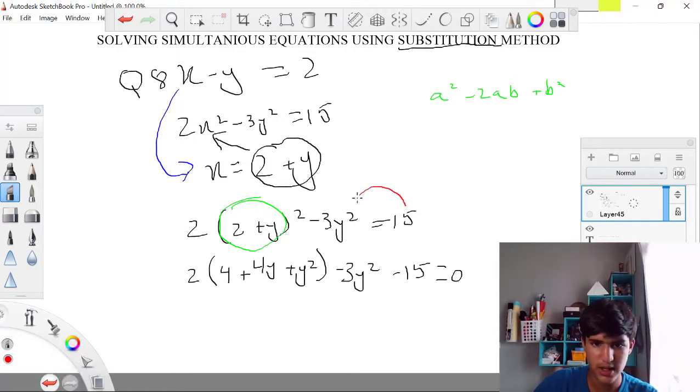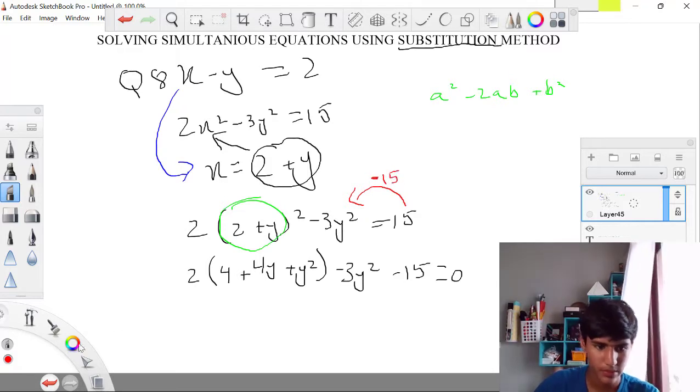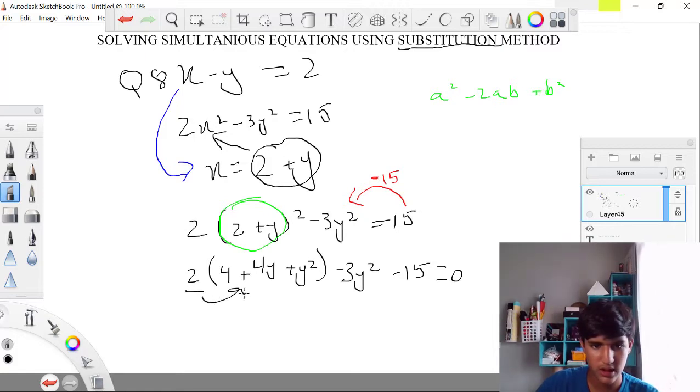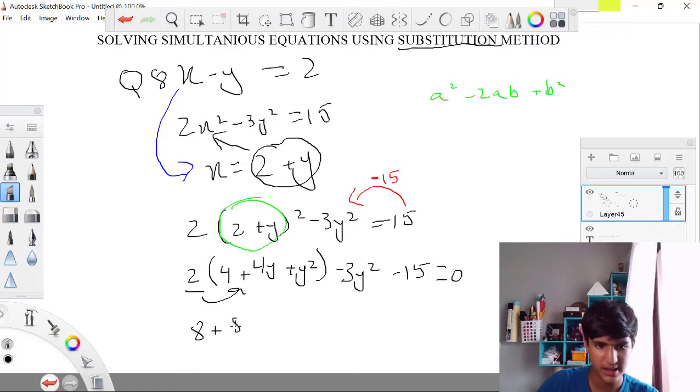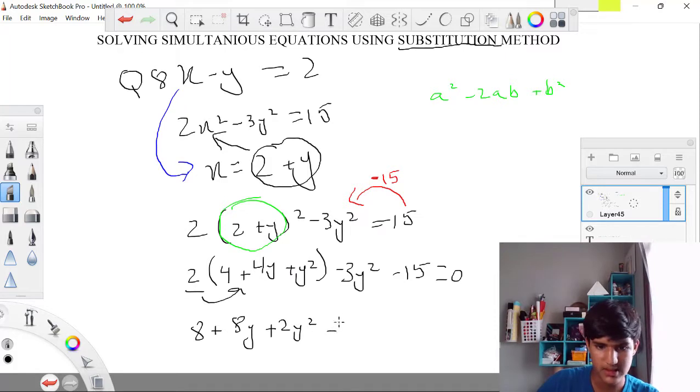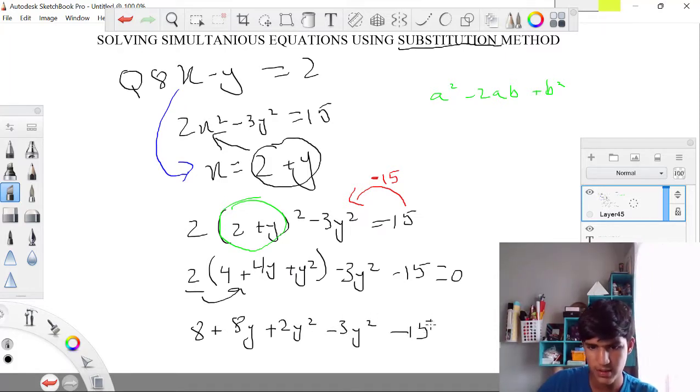I have shifted this over to this side of the equation by putting a minus. So if you multiply this 2 right here with the equation, we get 8 plus 8y plus 2y squared minus 3y squared minus 15 is equal to 0.